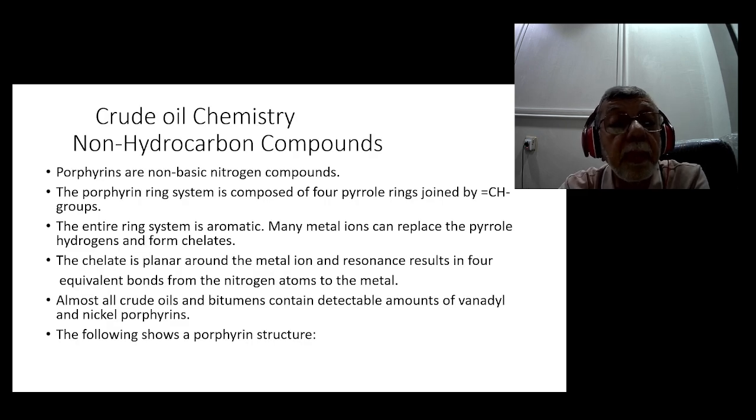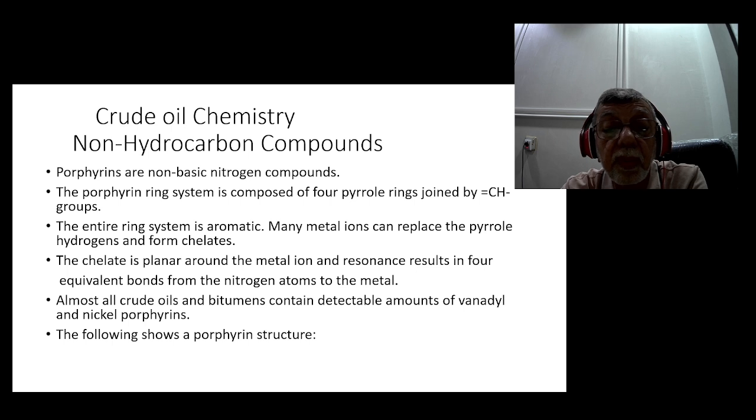What is meant by porphyrin? Porphyrins are non-basic nitrogen compounds. The porphyrin ring system is composed of 4 pyrrole rings joined by double-bonded CH groups. The entire ring system is aromatic. Many metal ions can replace the pyrrole hydrogen and form a chelate. The chelate is planar around the metal ion, and resonance results in 4 equivalent bonds from the nitrogen atoms to the metal.